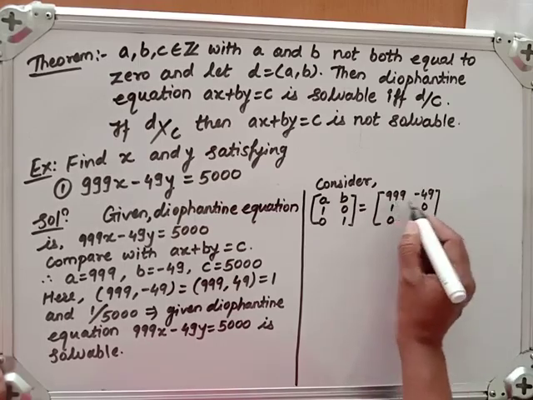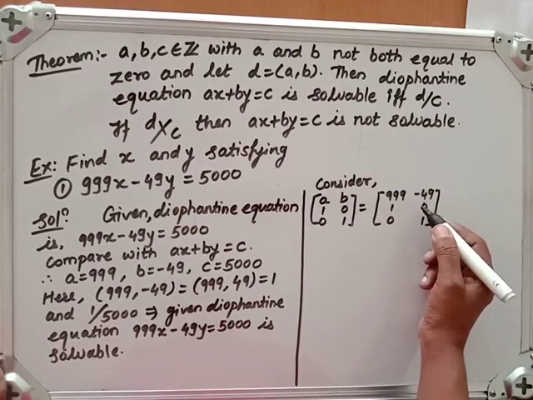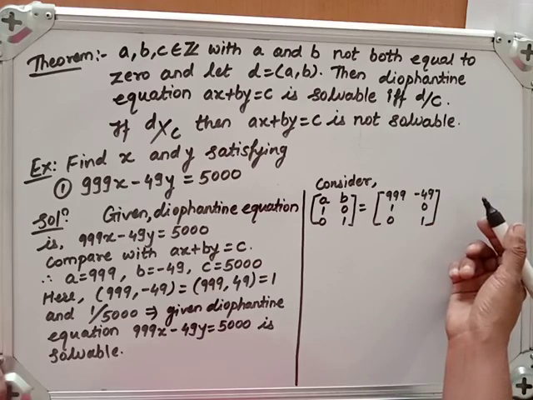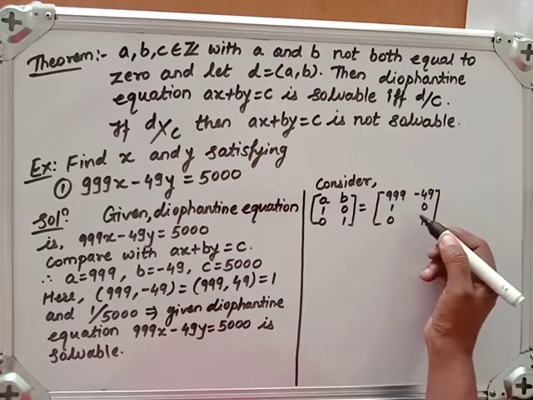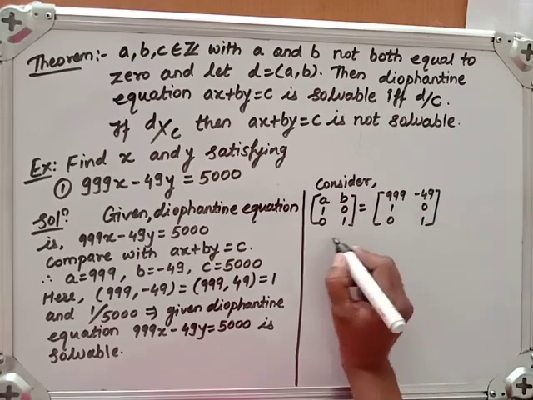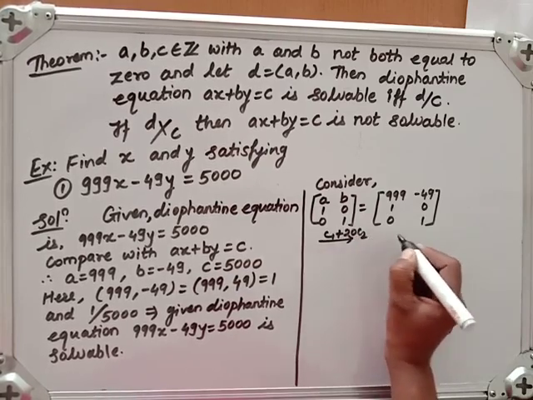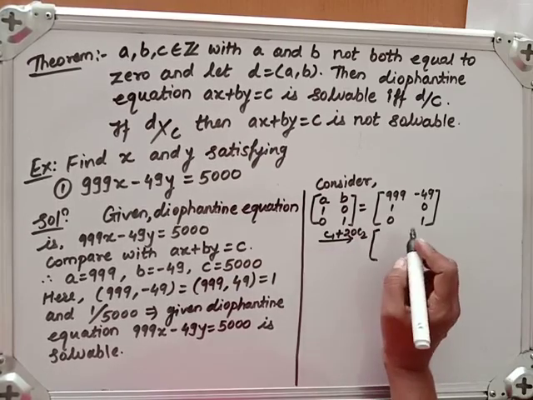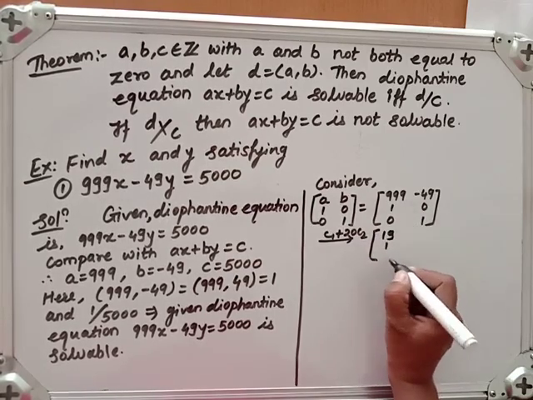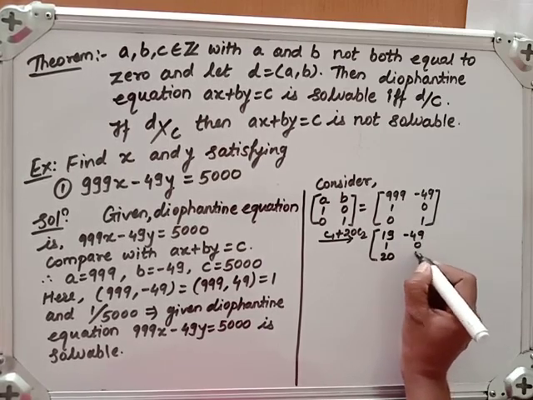Now our aim is to reduce this first row into either 1, 0 or 0, 1. So let me use the column operations. We have to change this row. So C1 plus 20 C2. This gives us C1 changed to 19, 1 and 20, and this will remain same.